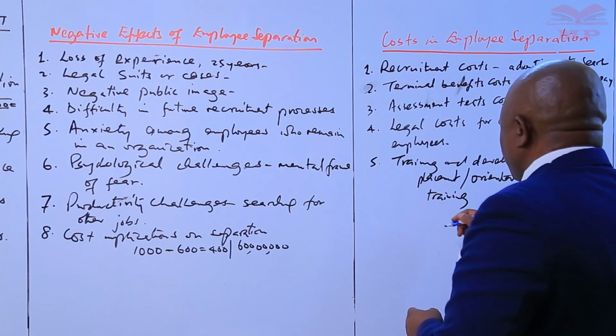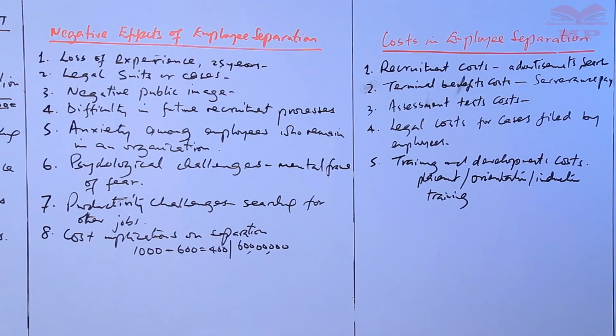So when these are being mounted, you may also have to have trainers come in and so on. And when this happens, it means this particular organization is going to spend money on training and development of new staff, and that one becomes a cost that is associated with separation.